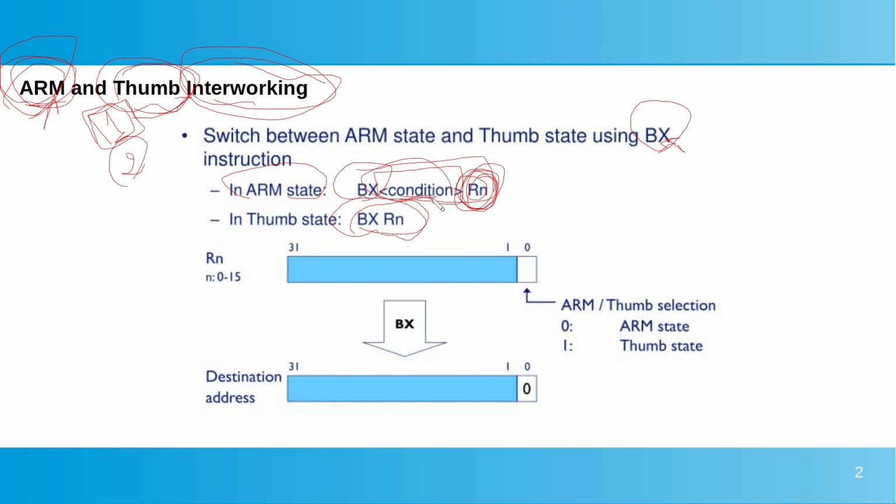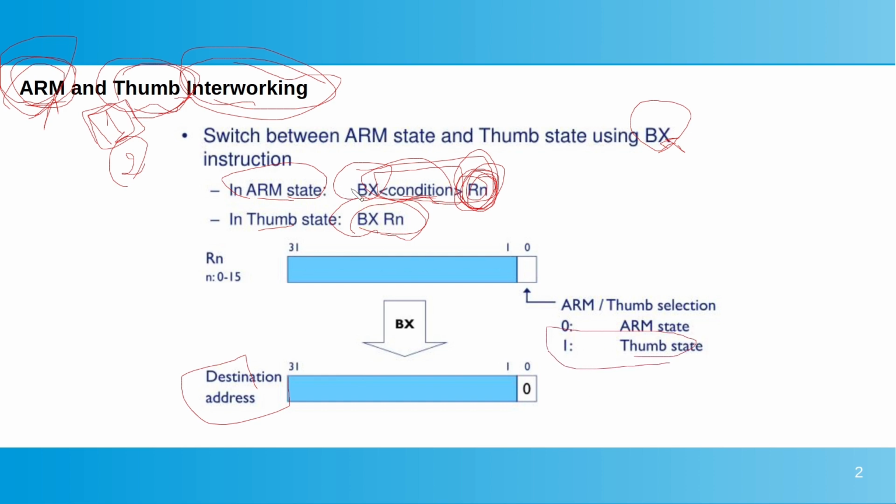Now, if we are triggering a switch from ARM state to thumb state, then the destination register must contain basically a destination address, and this address must have bit number 0 set to 1.